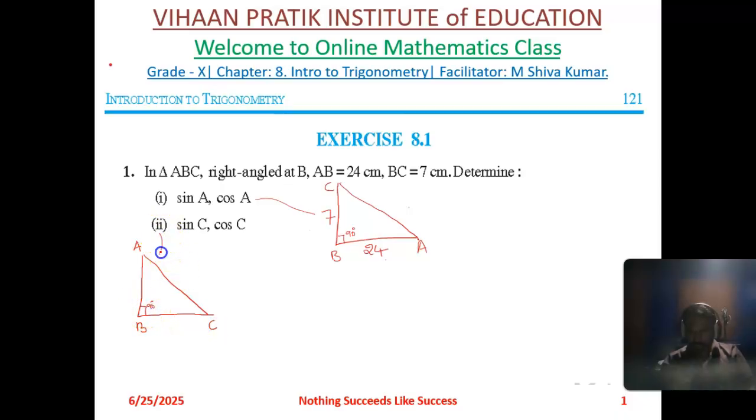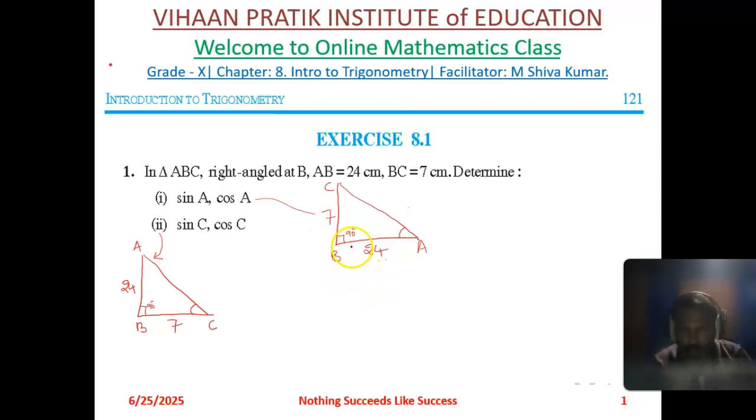So this is for bit 2. Now again here, the side AB is 24 centimeters and side BC is 7 centimeters. The measurements are the same, but the angles are changing. Here the angle is C, here the angle is A.